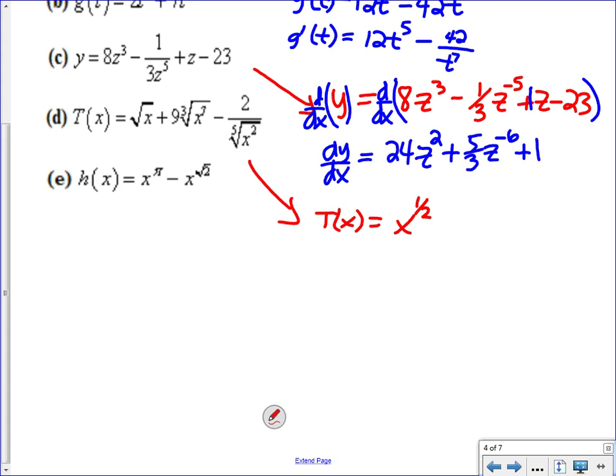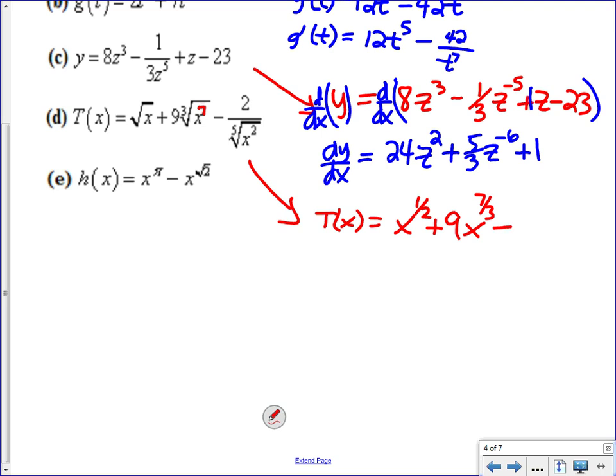All right, then we would have plus 9 times x. I know this is hard to read, but I'm pretty sure it's a 7. So that would be to the 7/3 power. Okay, your root becomes the denominator. So that's a cubed root of x to the 7 becomes x to the 7/3.